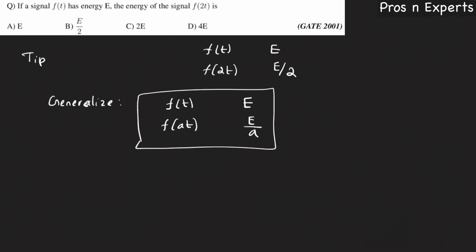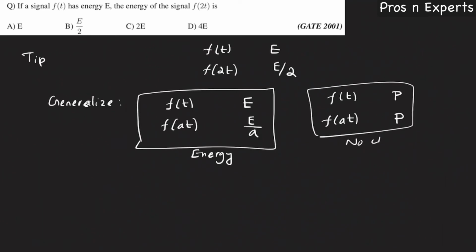This is in the case of energy. And what about power? If f of t has a power P, then what is the power for f of at? Is it P by a or a into P? The answer is it has power P itself. There is no change in power. So this could be a very useful tip for solving your questions.